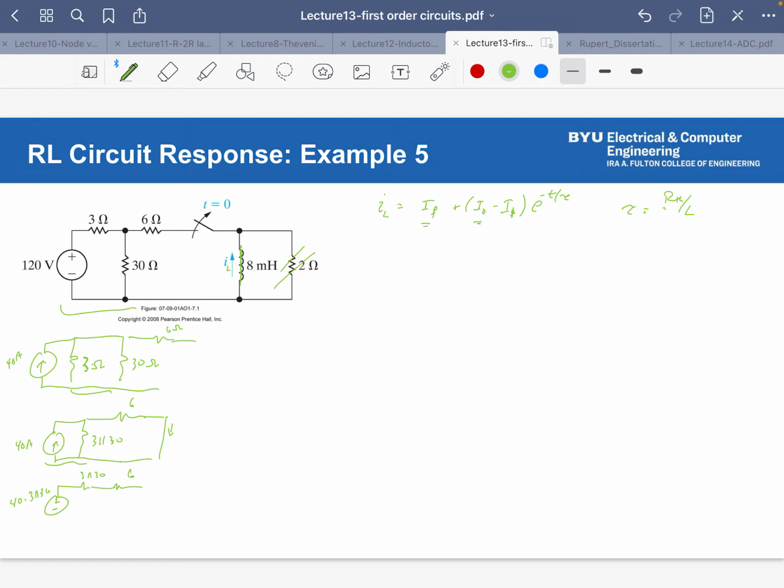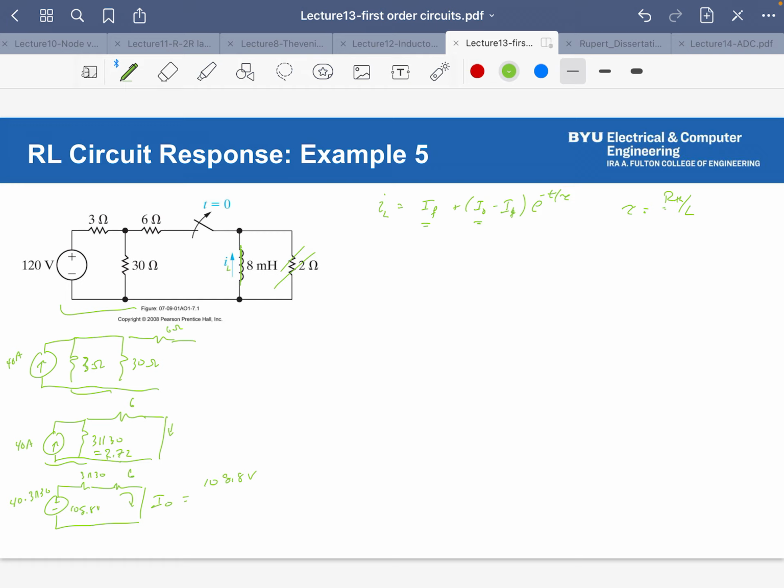All right, so 3 in parallel with 30 is going to be equal to 2.72, and when I multiply that by 40, I get 108.8.